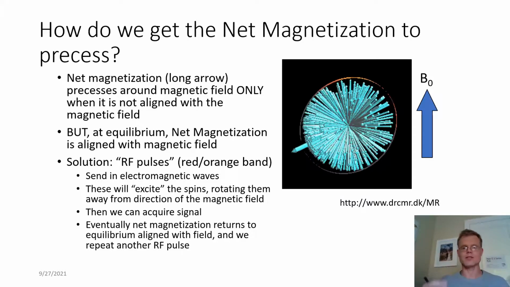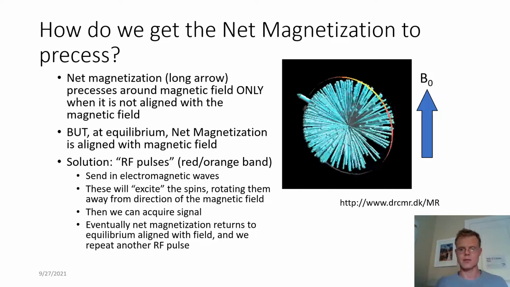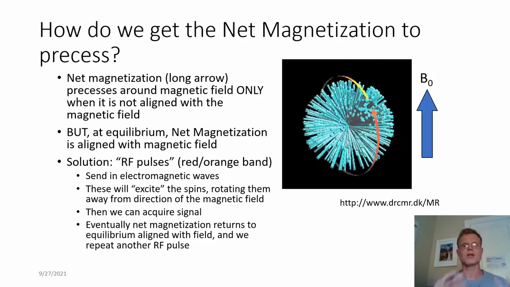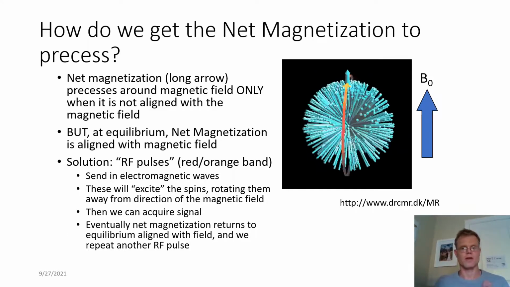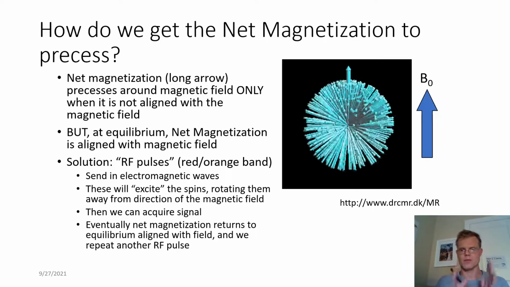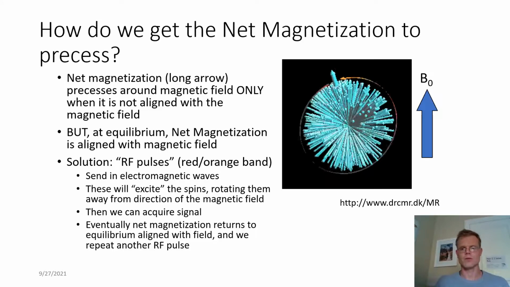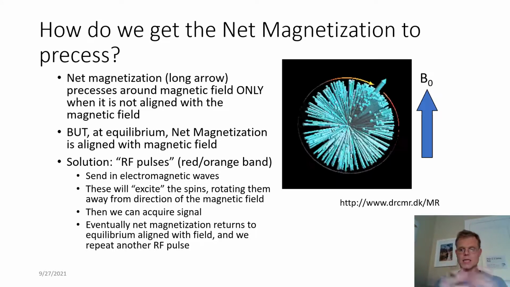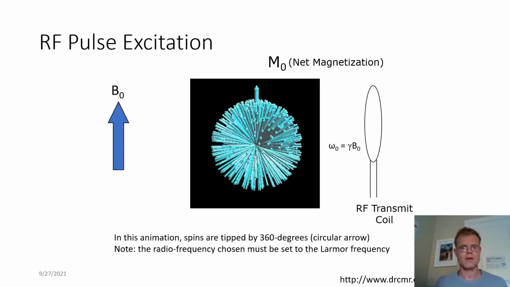Now you see it's rotating in direction. It's going to create this oscillation in the magnetic field that can then be detected in our antenna, our RF coil. But at equilibrium here, we're not going to get any signal. So what we need to do is send in a little bit of this RF pulse, this RF energy.